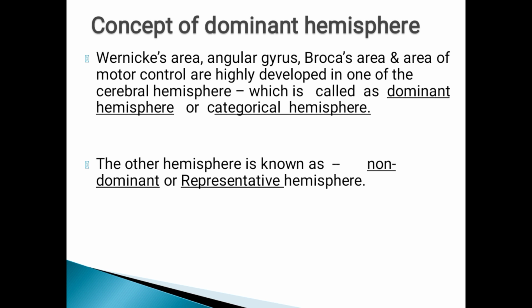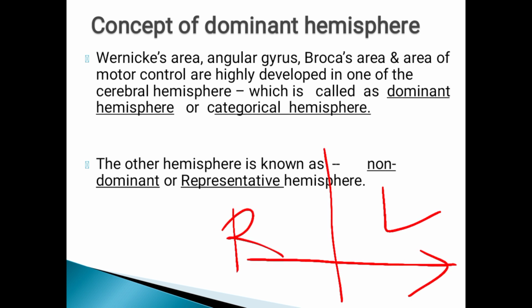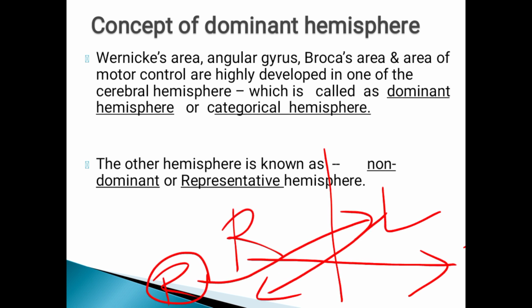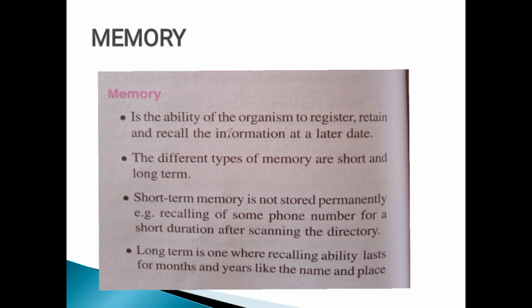The right hemisphere controls your left body parts, and the left hemisphere controls the right body parts. Hence, if you are using the right side, your left hemisphere is dominant and the right hemisphere is non-dominant. So this is the concept of dominant hemisphere.